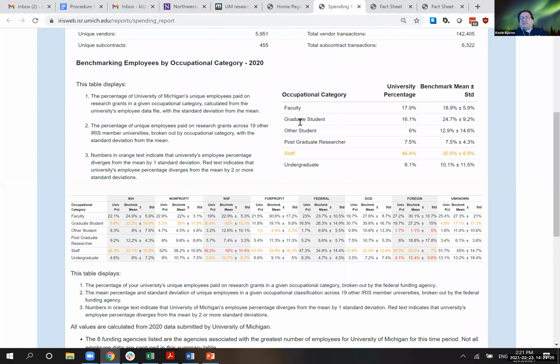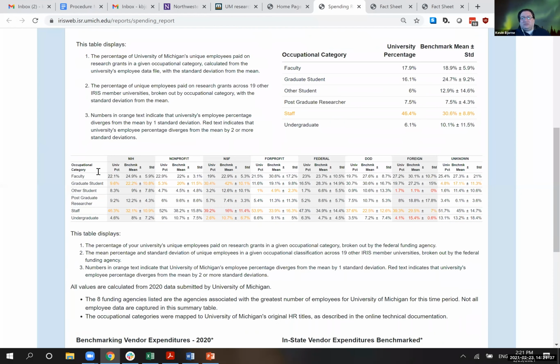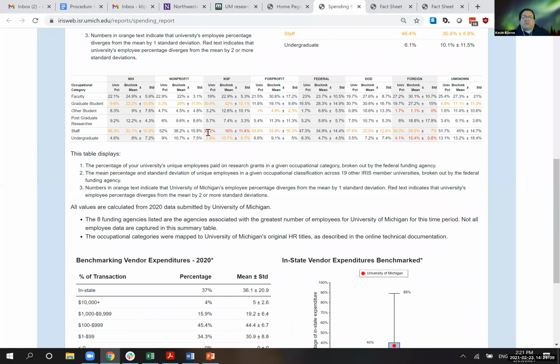And so we look at this here, different categories. Ones that are highlighted is because they exceed the standard deviation by 1 or 2 magnitudes here. Red ones are 2 standard deviations away from the mean. Orange ones are 1 standard deviation. So it just lets you see how your research employees compare to the peer group.